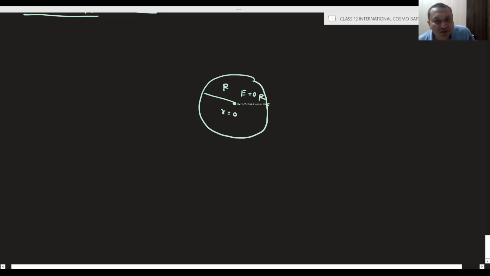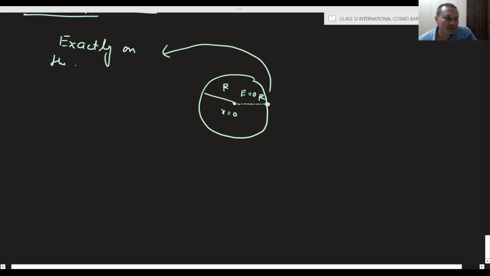Now you reach exactly on the surface. This is the main important point of consideration. Can you tell me what is the electric field exactly on the surface? Nobody can tell it, so it is not defined actually.